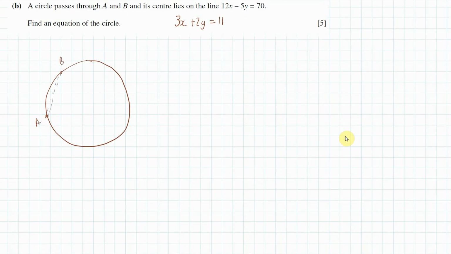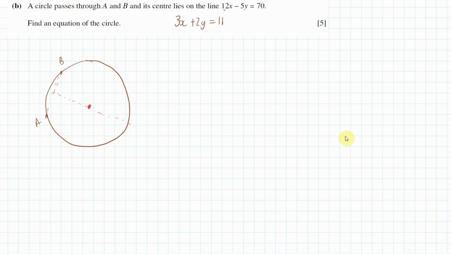Now, the perpendicular bisector of that line would be midway, and it would be perpendicular. And I think you can see that it's going to cross through the center of the circle. So the perpendicular bisector of the line between 2 points, or a chord on a circle, will pass through the center of the circle.